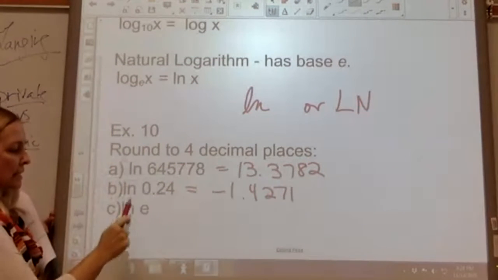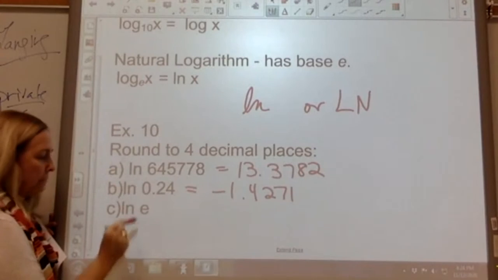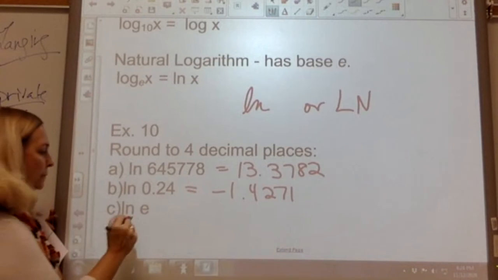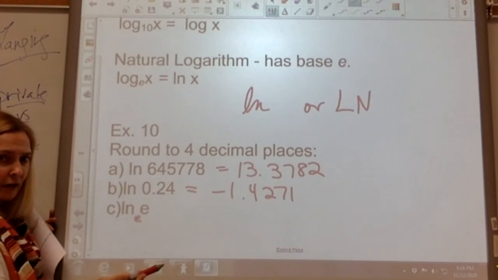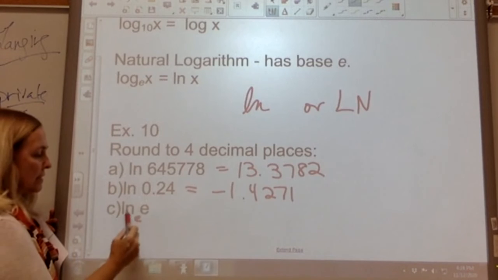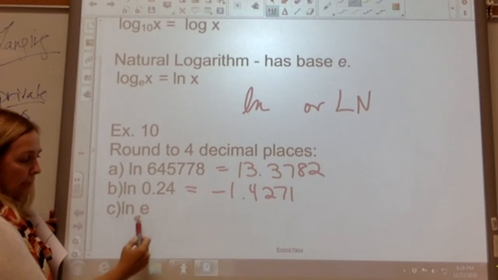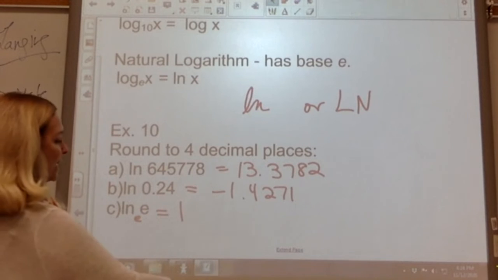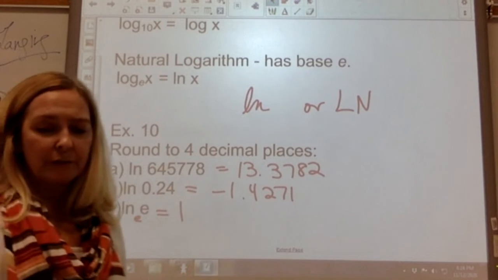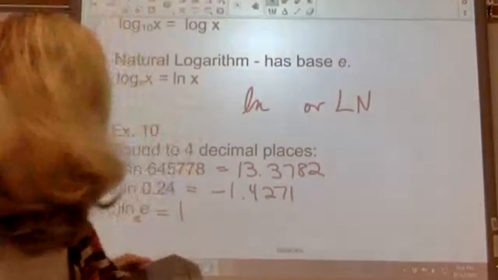Now, this is natural log of e, okay? That's something I'm going to say. There's like an understood e right here. So really, you can put this in the calculator, but you should learn that if this is natural log of e, since these are the same bases, the answer is always going to be 1.